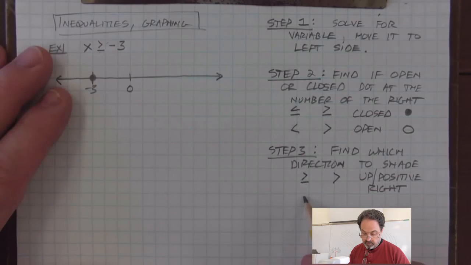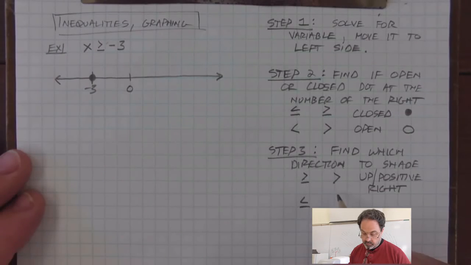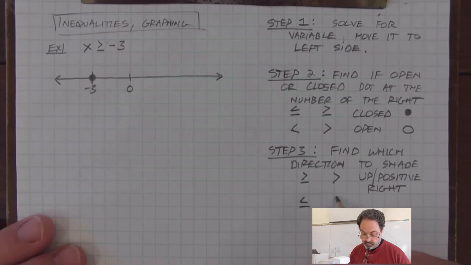If our inequality symbol is less than or equal to, or just strictly less than, then we shade down, which is the same thing as the negative direction, which is also to the left.